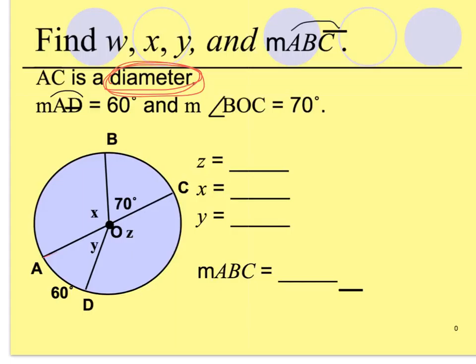I have this line here, AOC, as my diameter, so that means the sum of x and 70 is equal to 180. So 180 take away 70 is 110 degrees. So that's x. Y we can see here is 60 degrees because the central angle is the same as the arc AD.